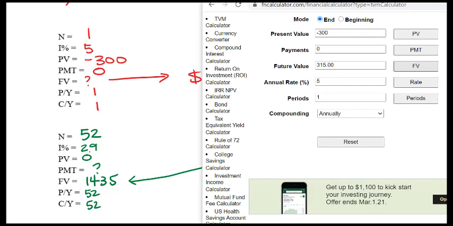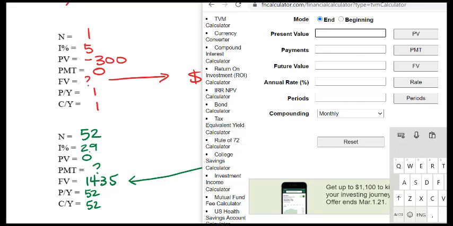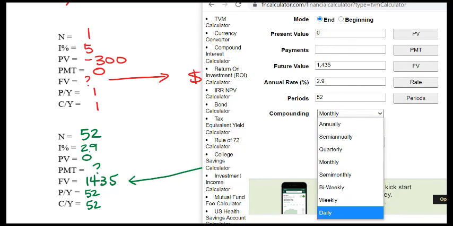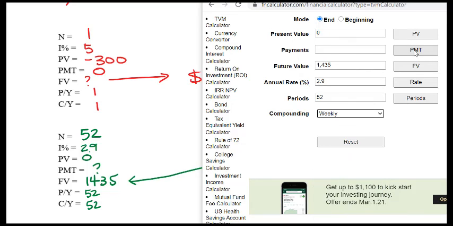Let's open up the financial calculator. Present value, that's 0. Payment, we don't know, but we know the future value is going to be 1,435. And the annual interest rate was 2.9, and the period was 52, and that is for weekly. Let's click the PMT, and it gives us 27.21. So $27.21 has to be saved in order to reach the 1,750.